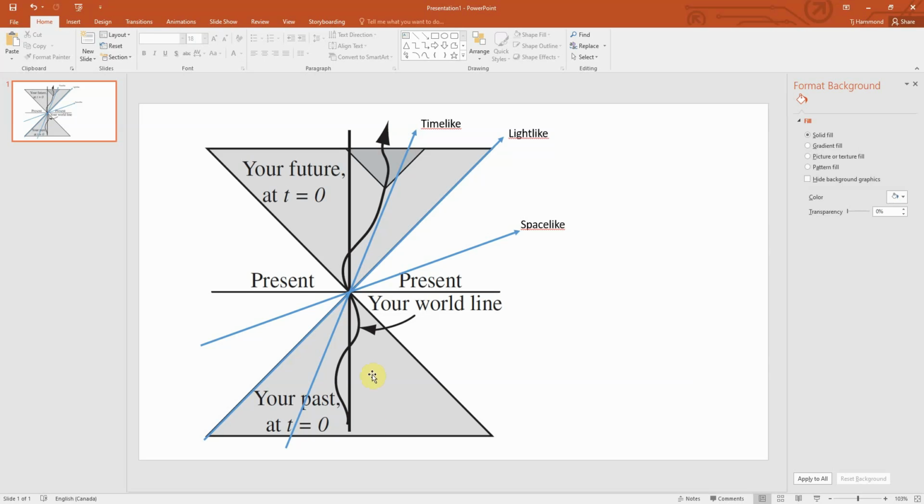What you're seeing right now is everything that you can see in the past, and this is everything that's in your future. Anything in your past that's going slower than the speed of light will be approaching you and going away from you in a time-like curve.